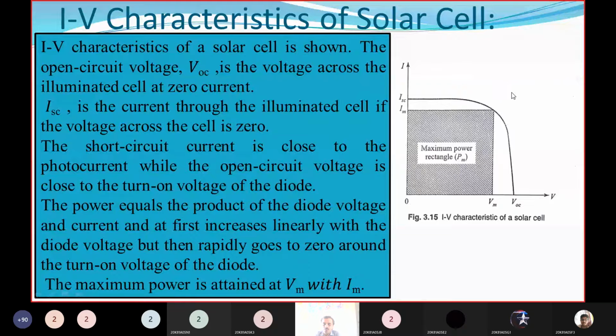P is equal to V into I. If you multiply V into I, we get the power. At a particular value of I and V, the power will be maximum. Those values are Im and Vm. That corresponding resistor we can use as the load resistor. These points we call the operating points of the solar cell.